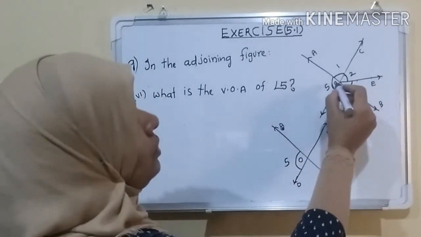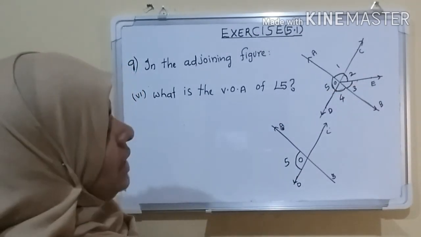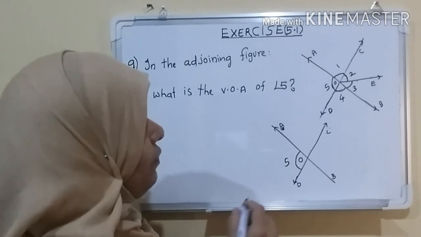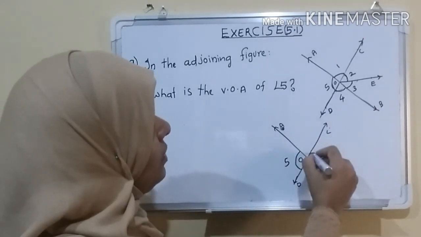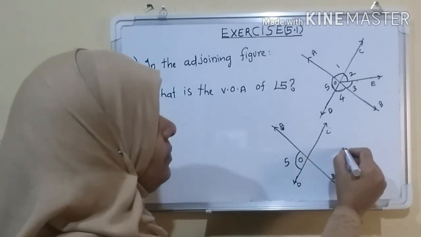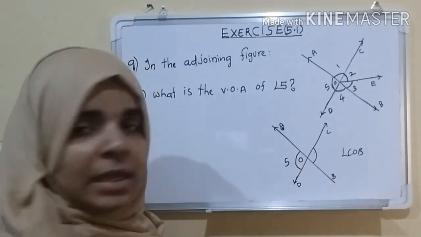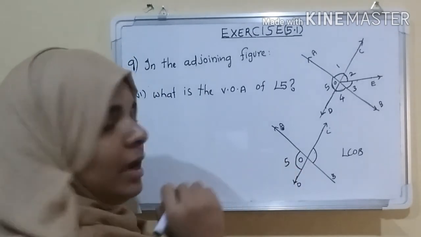We don't need to draw this line OE. We have to find the opposite angle of this angle 5. So clearly we can say that angle COB is the vertically opposite angle of angle 5.